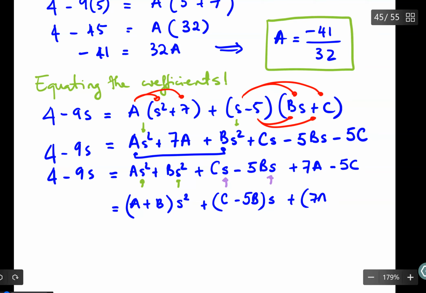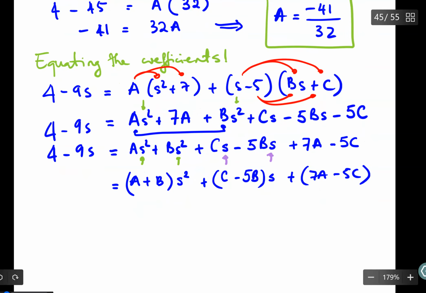And I put this in the bracket. Okay, so now we are ready to perform the step called equating the coefficient. You want to write 0s squared on this side of the equation minus 9s plus 4.